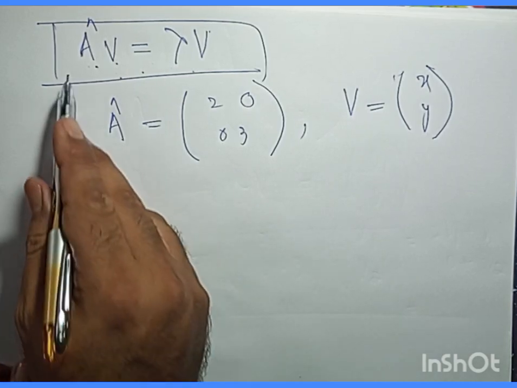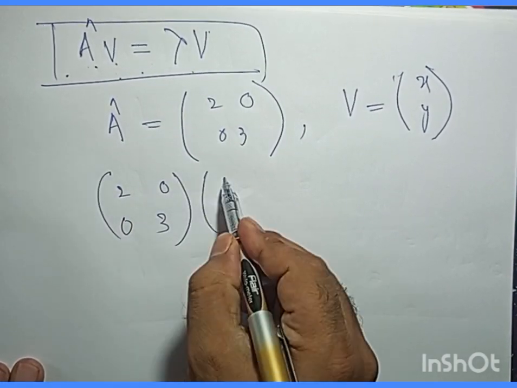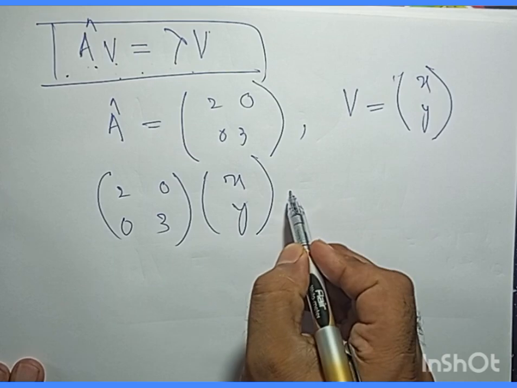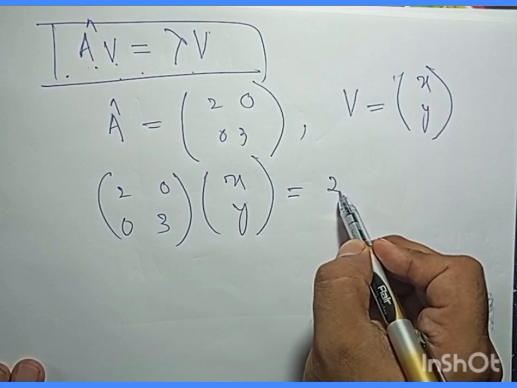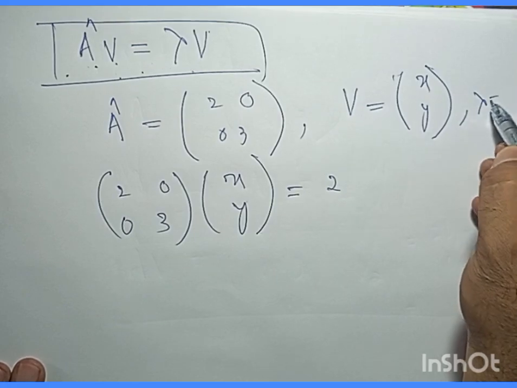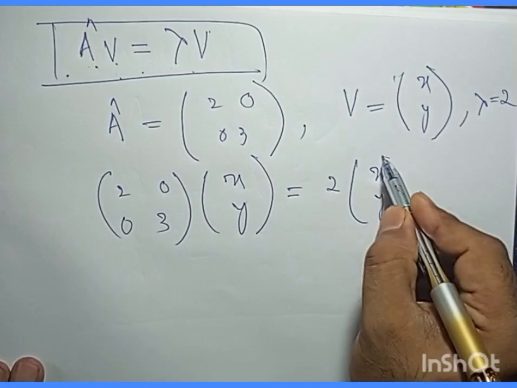So I have the operator 2, 0, 0, 3, and then x, y equals 2. Let's assume this lambda is 2. x, y.